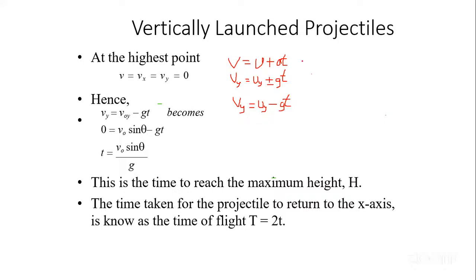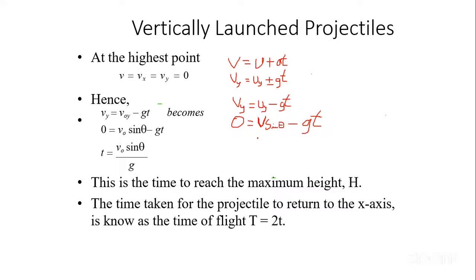So we have said that at the maximum height, the final velocity is 0. The initial velocity of the vertical component is U, the initial velocity, sine theta, minus GT.